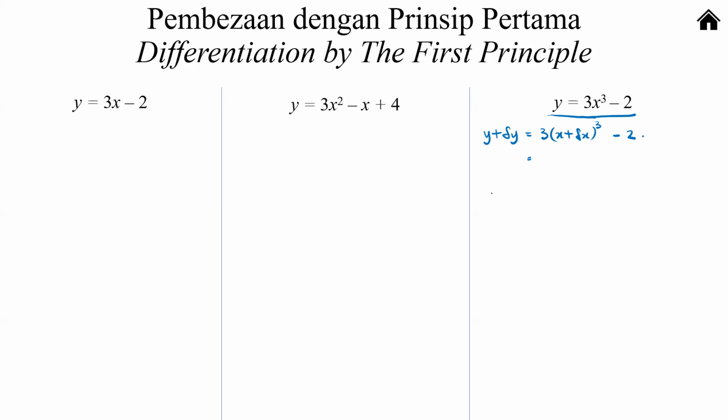How do we do the expansion of power three? It's either you do like this, x plus delta x times x plus delta x squared, expand this and then expand slowly. Or remember the Pascal triangle?